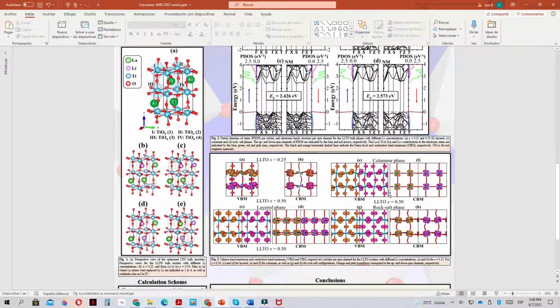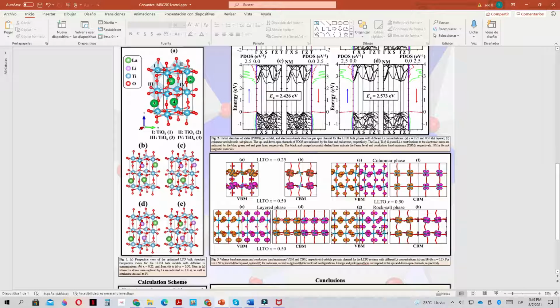For x equals 0.5, in the layered, columnar, and rocksalt phases, there are only titanium 4+ cations.